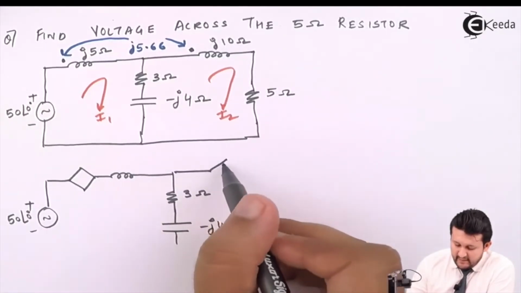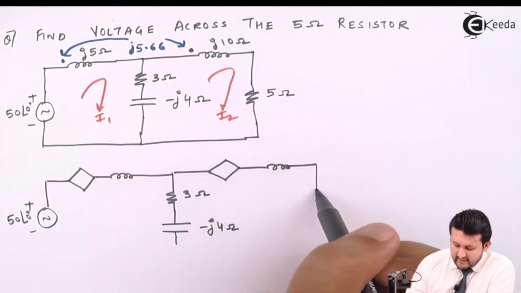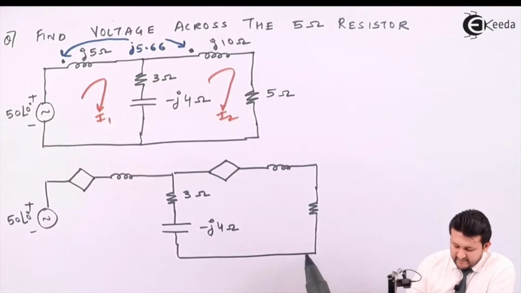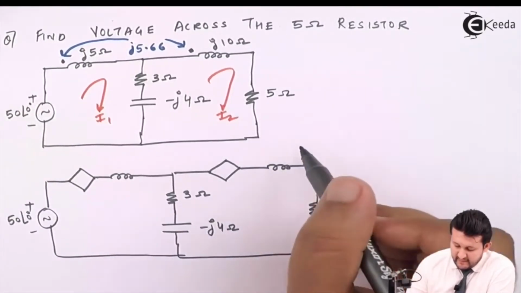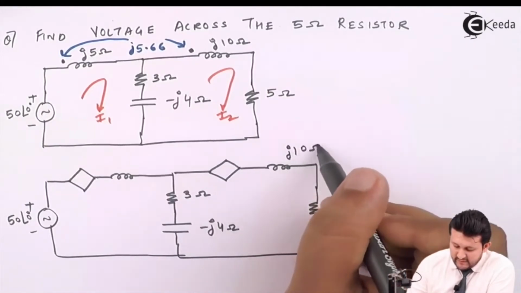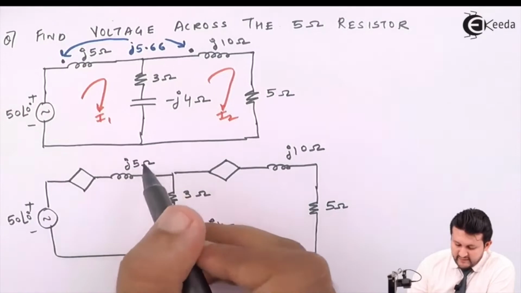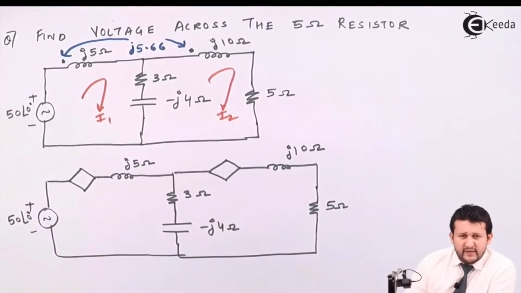Again a dependent voltage source along with the inductor, then a resistance in series with it. This will be 5 ohms, j10 ohms, j5 ohms.